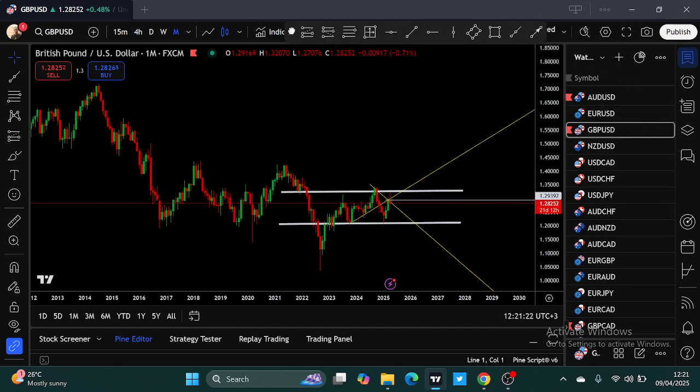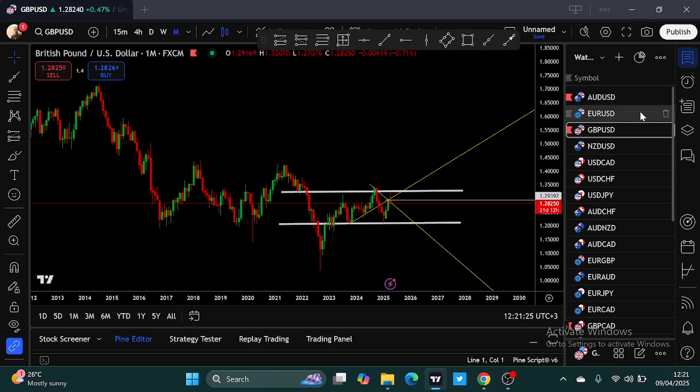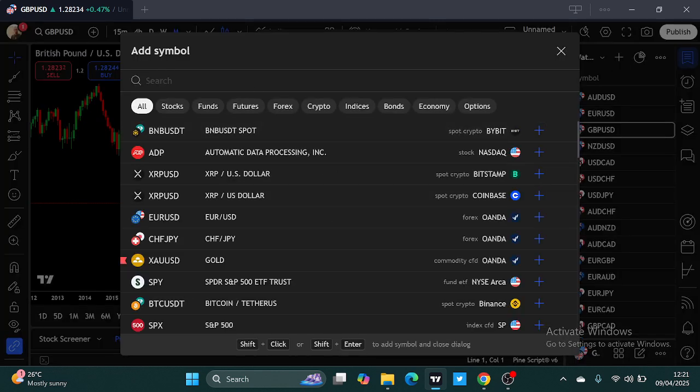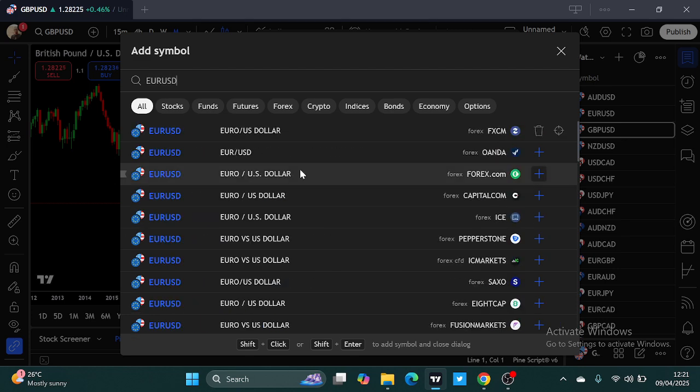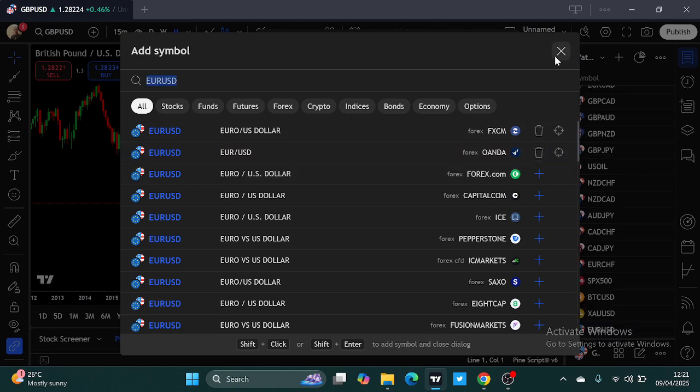So yesterday we talked about a few pairs and how they are going to progress for the week. However, today we are going to be talking about something different, and that is how to draw your key levels accurately.